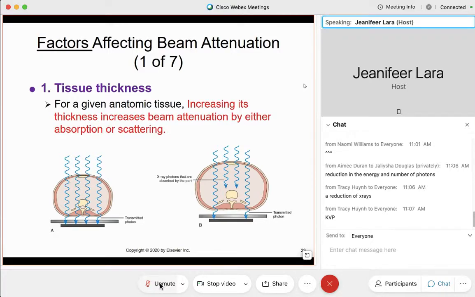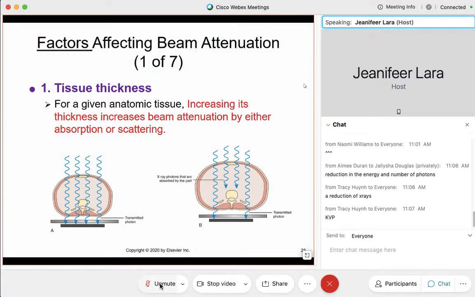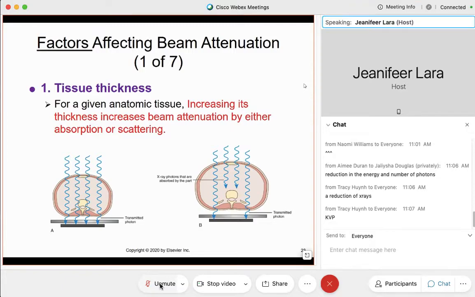They are not separate. And photoelectric absorption is the photon: does the photon reach the image receptor, or is it completely lost inside of the body? Javier? Photoelectric is going to be lost in the body. Good. So is that part of the definition of attenuation? Yes. Okay, good. Perfect. So you see where I'm going with this? Beam attenuation is referring to both Compton interaction and photoelectric absorption.